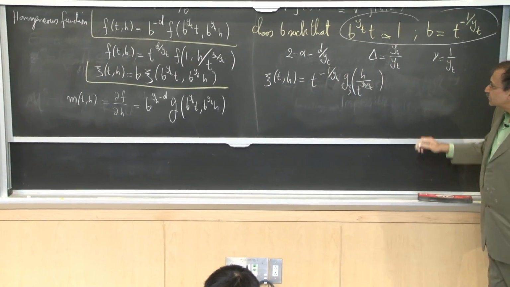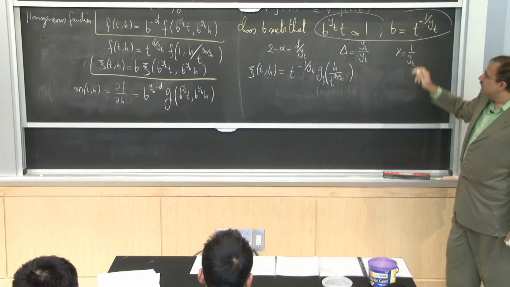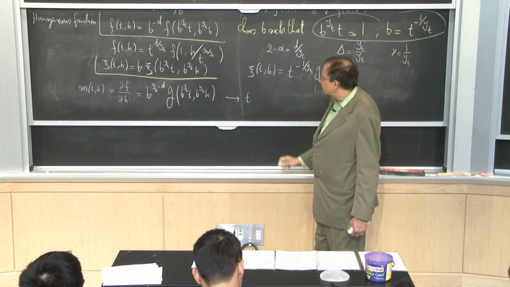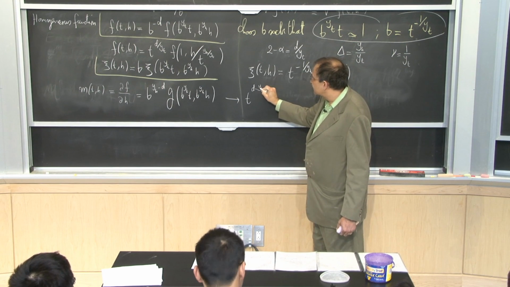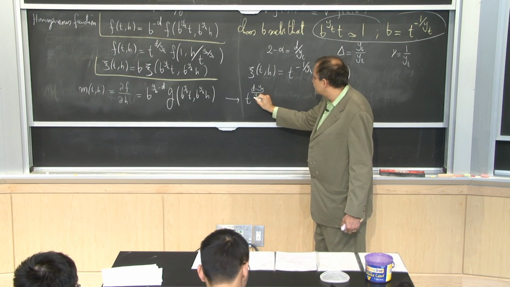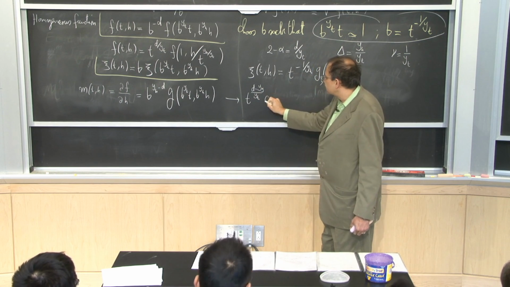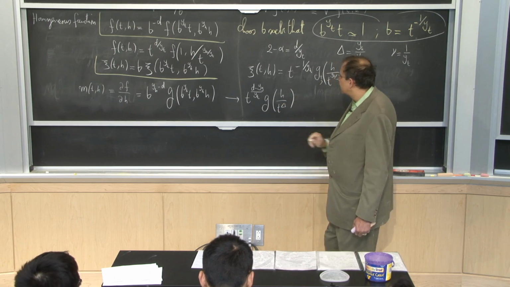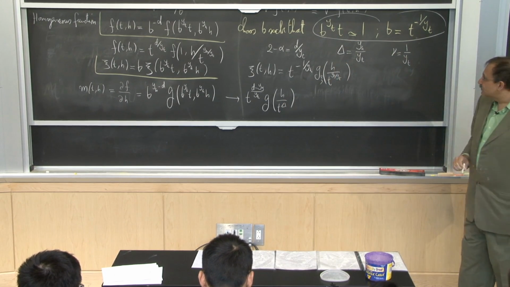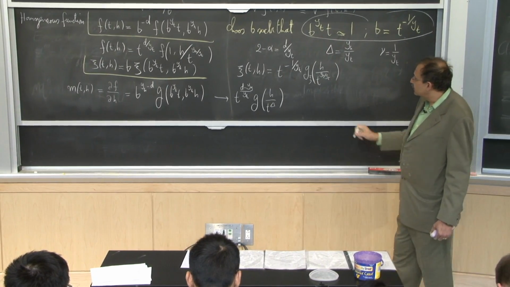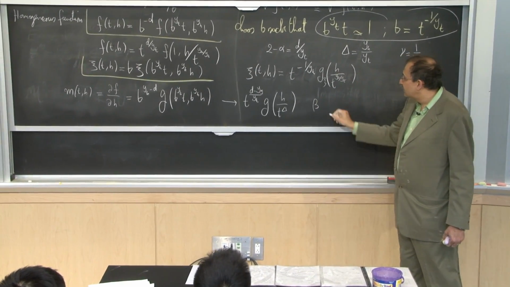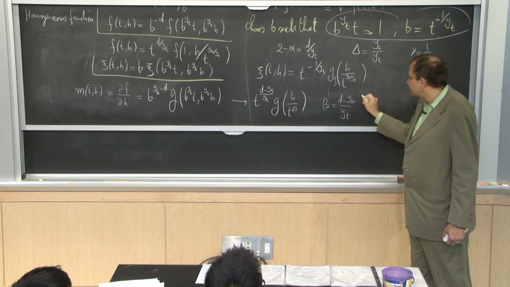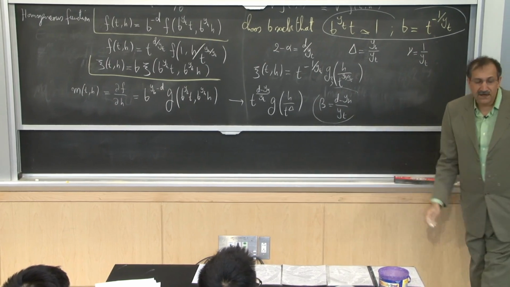Again, if I make this choice, then this goes over to t to the power of d minus yh over yt, and then some scaling function of h t to the delta. So I can continue with my table, and for example, I will have beta to be d minus yh divided by yt. I can go and calculate delta, etc.